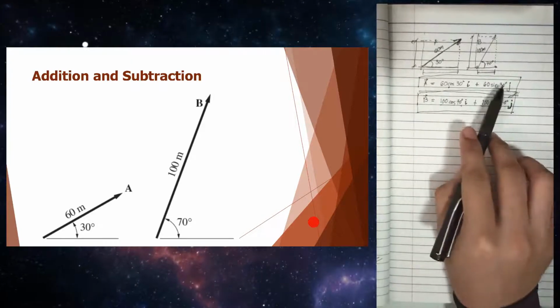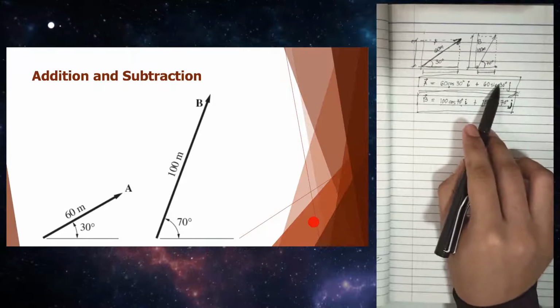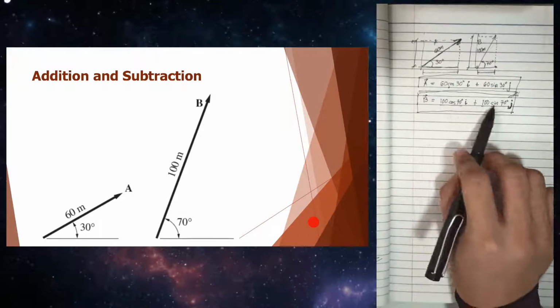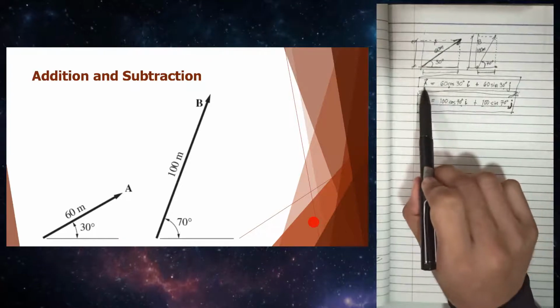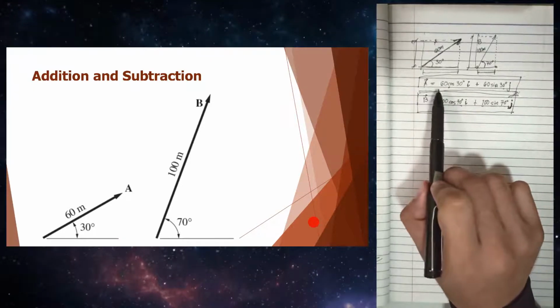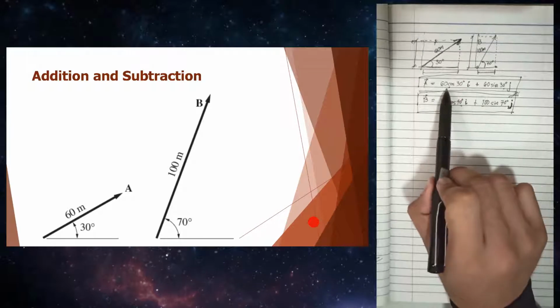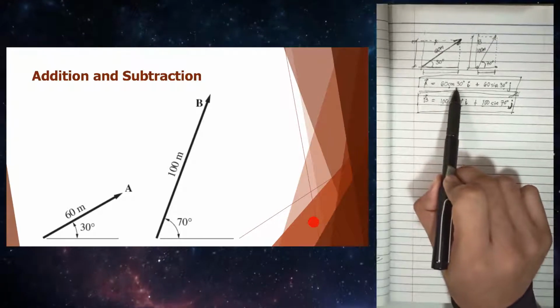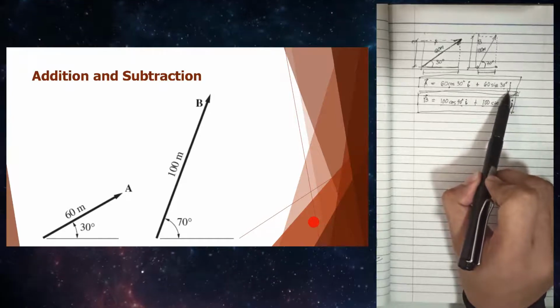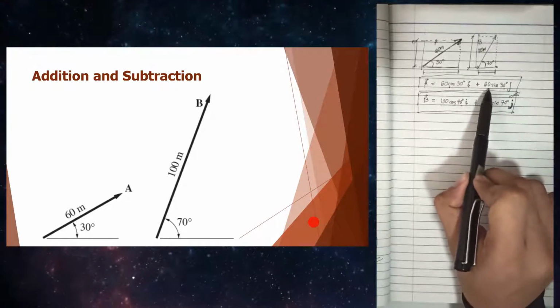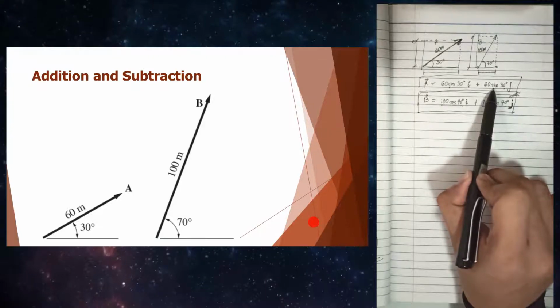Ibig sabihin lang naman nito, dinidescribe completely ng I at J yung vector A, dinidescribe ng I at J yung vector B. Parang sinasabi nito na for you to have the vector A, you must first move to the direction of I by 60 cosine 30, plus, you must also move to the direction of J with the magnitude of 60 multiplied by sine 30.